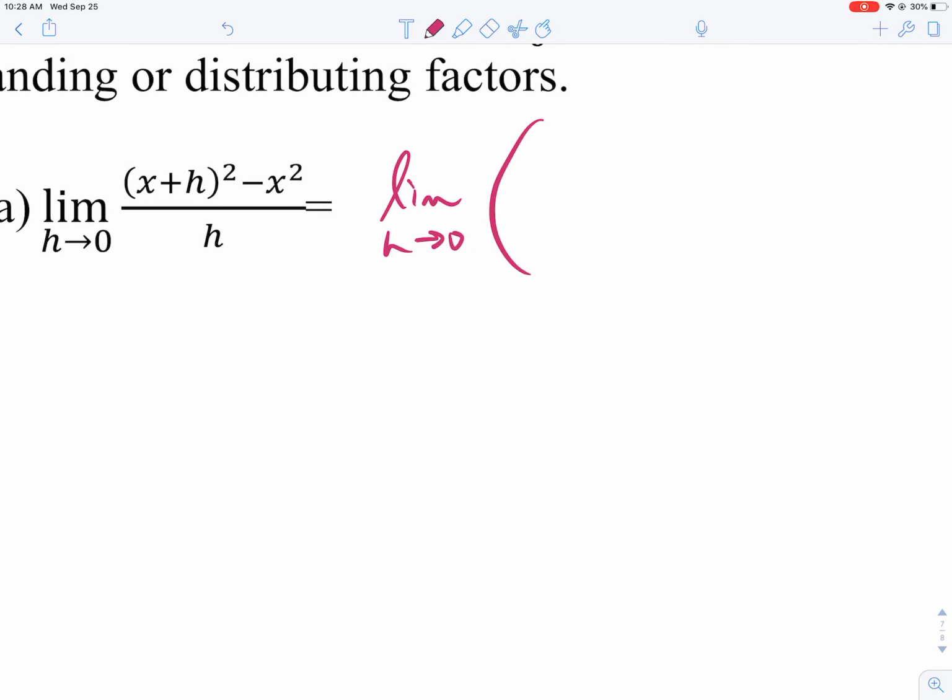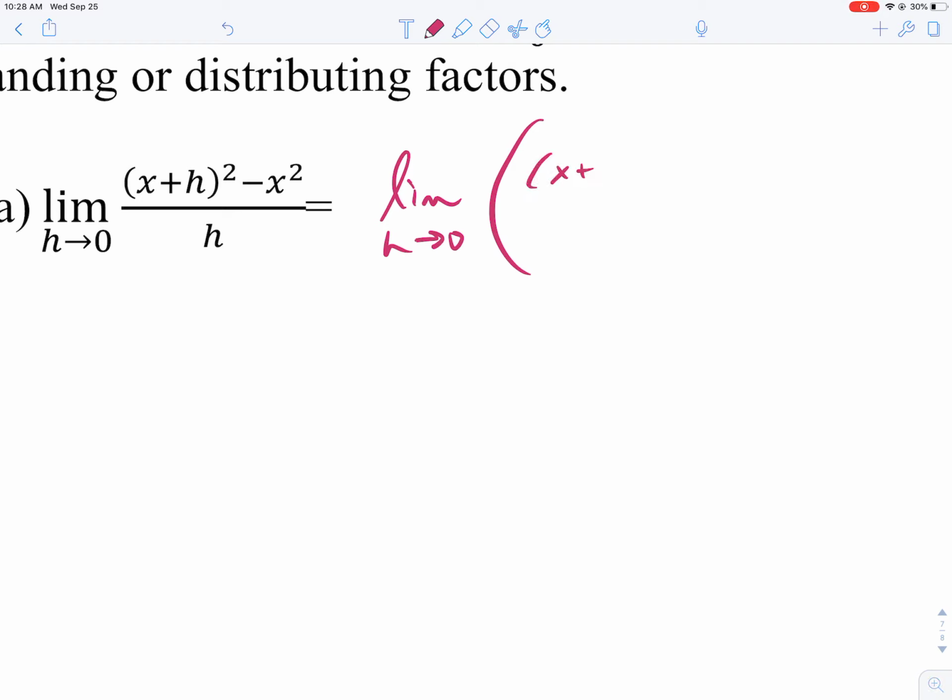Because we're taking the limit as h approaches 0, and I see that there's an h in the denominator that is 0 when you use direct substitution, that means I'm going to try to get an h in the numerator that I can have cancel with that h in the denominator.